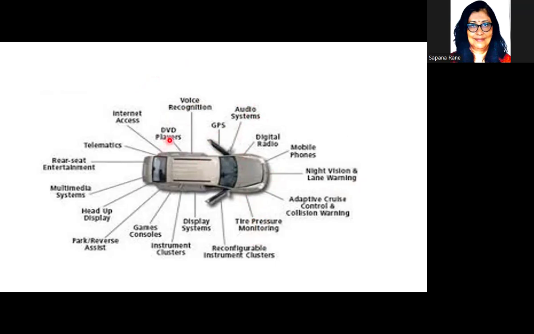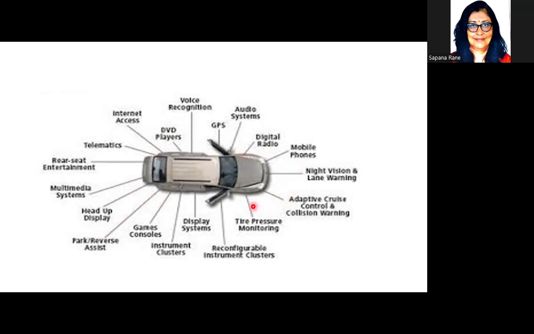The DVD player is also an embedded system. Even you have a parking or reverse assistant in your car. This is nothing but an embedded system. Automatic lock is an embedded system. Automatic speed control is an embedded system. Airbag is also an embedded system.